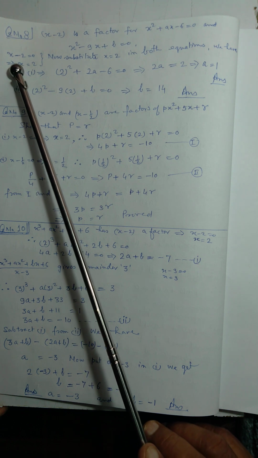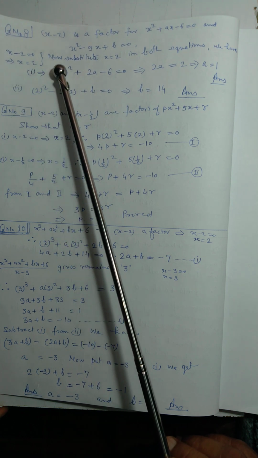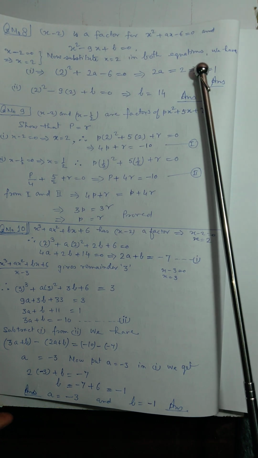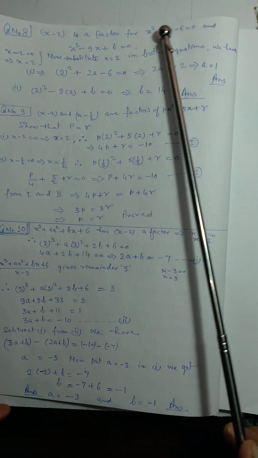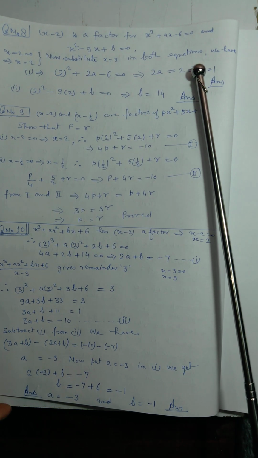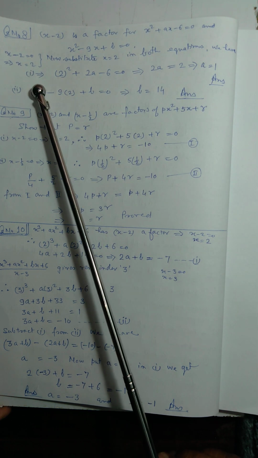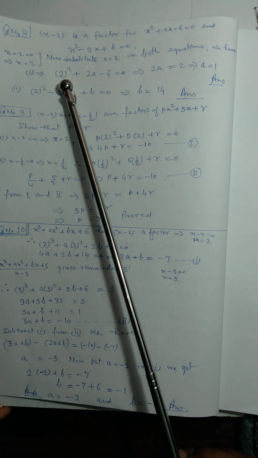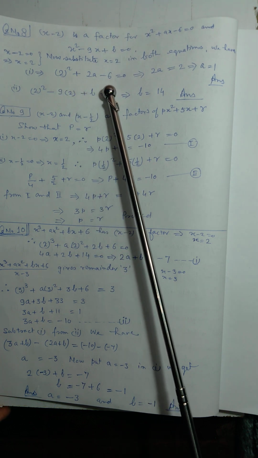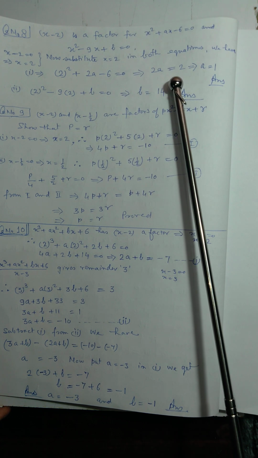So x minus 2 is equal to 0, so therefore x is equal to 2. Now substitute x is equal to 2 in both the equations. These are the two equations given. In both the equations you just substitute the value of x, that is 2. We got in the first one, 2 raised to power 2, means 2 square, plus 2a minus 6 equal to 0. So 2a is equal to 2.